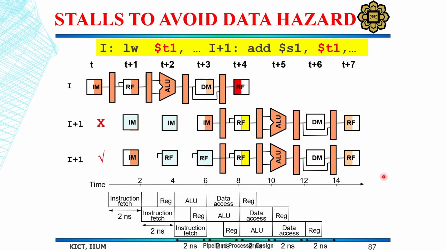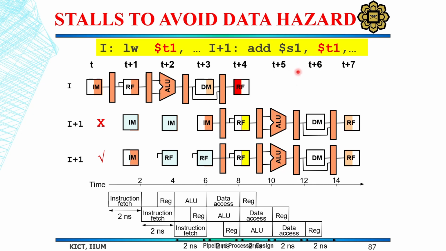Okay, so we have stalls to avoid data hazards. For example, here we have the first instruction as load word $T1 and the second instruction is add $S1 $T1 and so on. So we can see that the first instruction writes to $T1, and the second instruction reads from $T1.